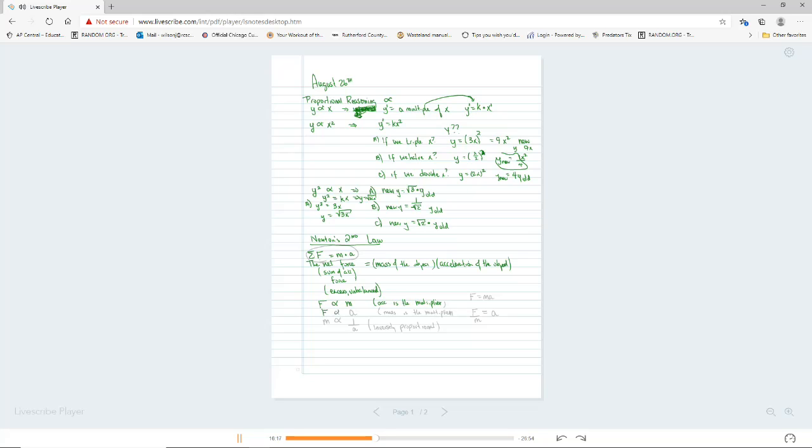And force is also directly proportional to acceleration, because now mass would be the multiplier. The multiplier. What about mass and acceleration?